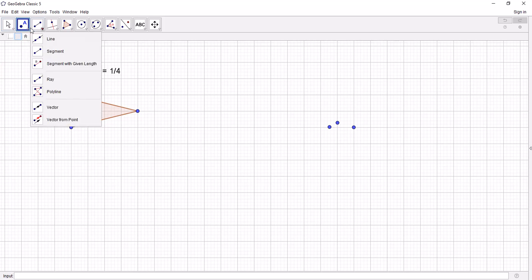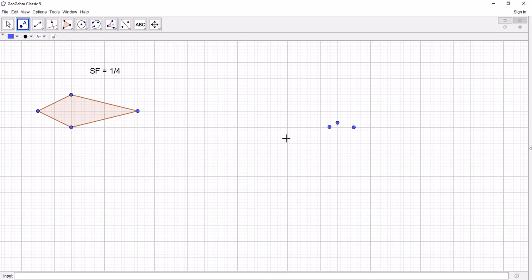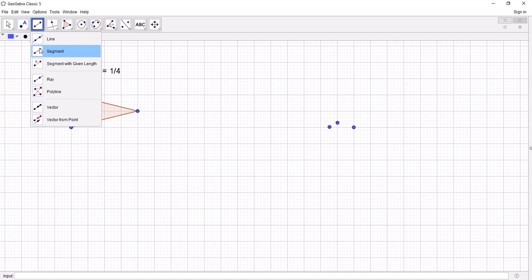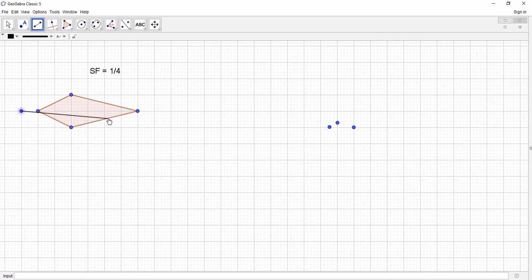Now, I notice I'm being a bit of a cheat really, but it works mathematically. This has one line of symmetry, so if I drew in a line segment here, you can see it has a line of symmetry. So whatever the distance is away from here, I can use the distance the same side, and that's where my point would be. So I'm going to put this, I know that this would reflect down this line, so I'm going to use the same distance here.